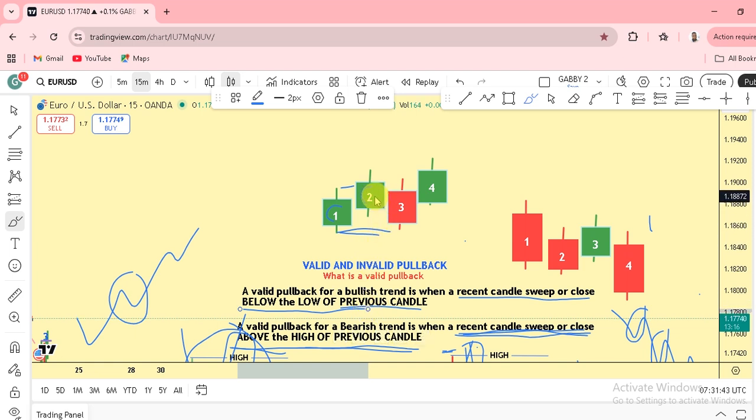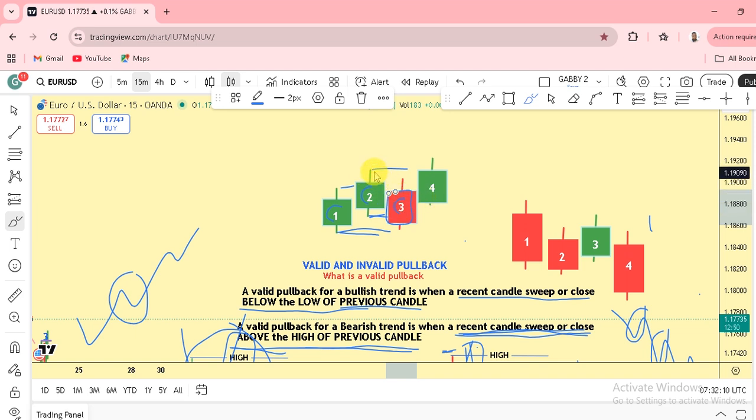So candle two now becomes our previous candle the moment candle three is printed. In candle two, this is the low and this is the high. We need to check, did candle three close below the low of candle two? Yes, as you can see here, candle three has closed below the low of candle two. Then let's check candle four.